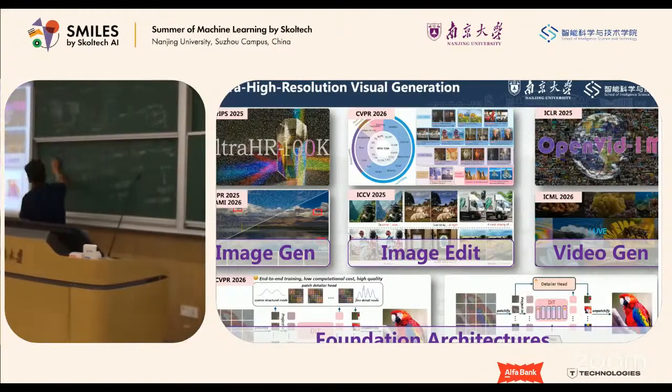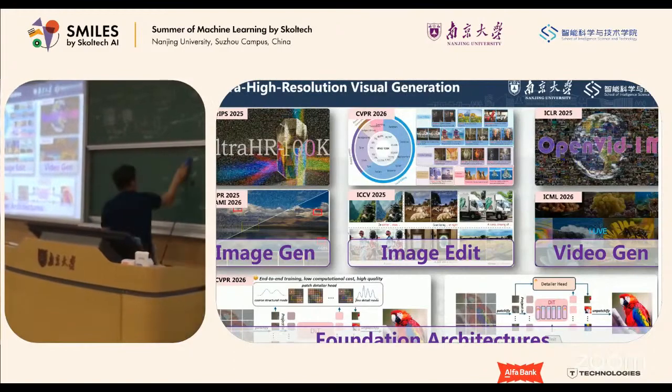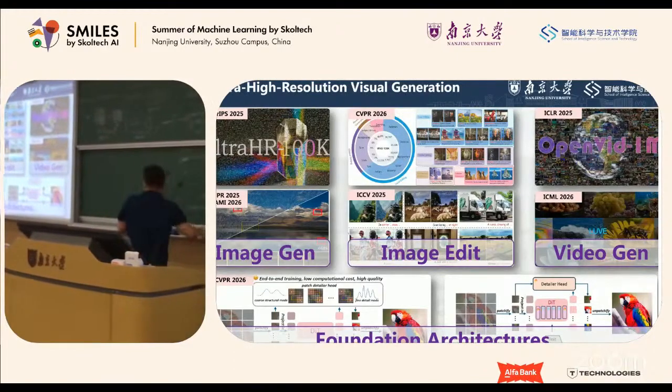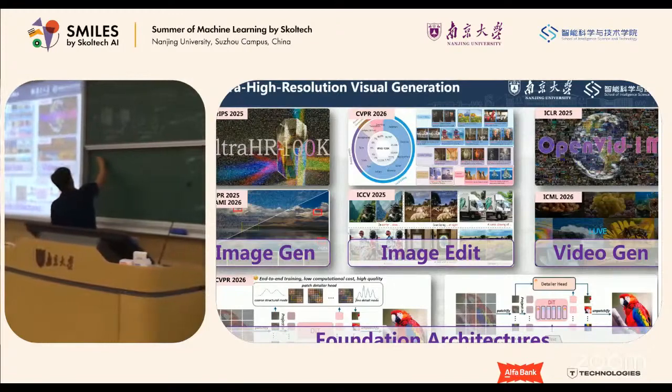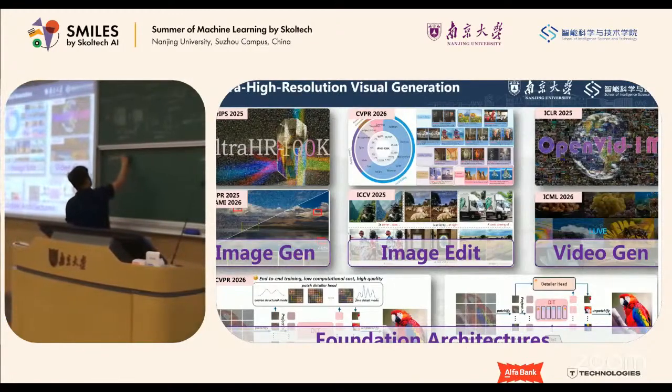So the first one is, including Ultra HR 100K and Vince 120K, and OpenVid 1 million and Luva for video generation, and DIP and L2P for the foundation architectures.